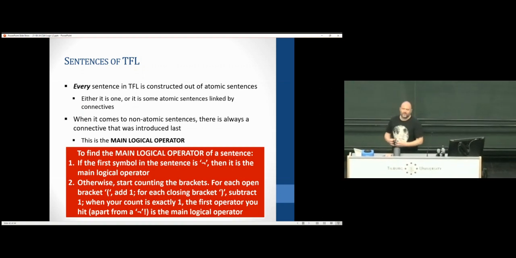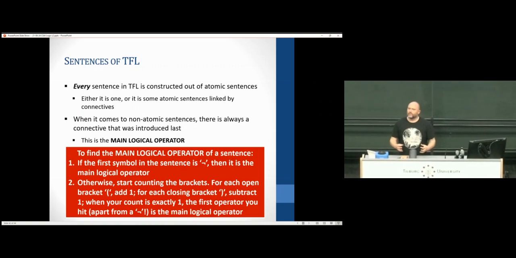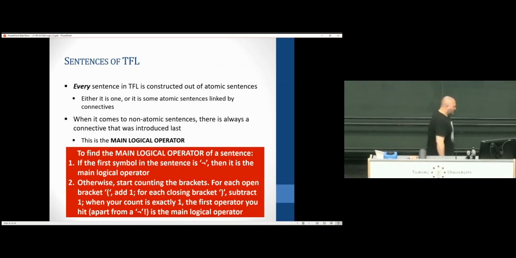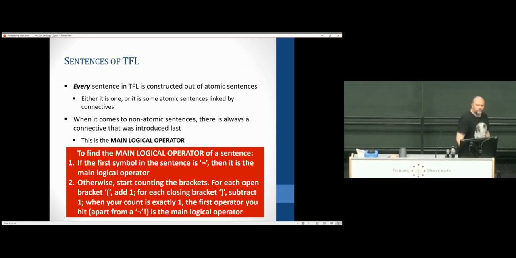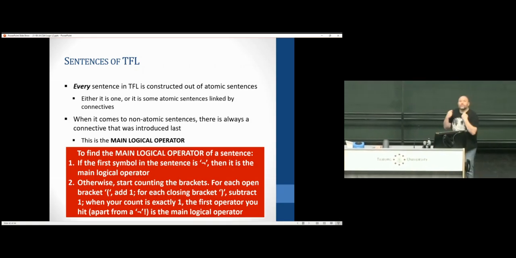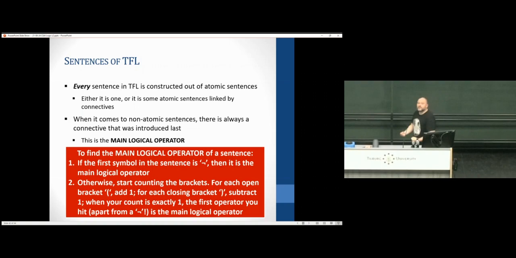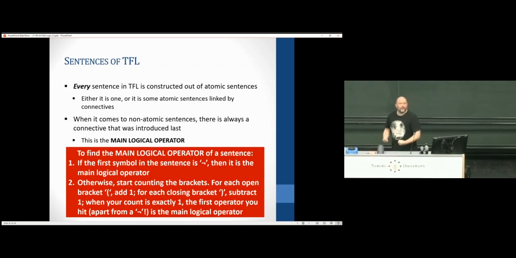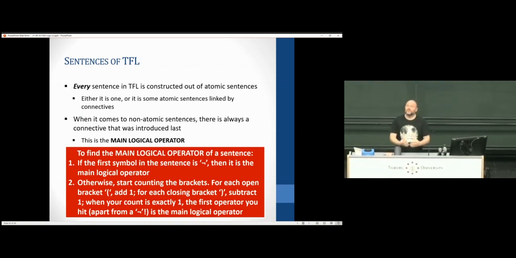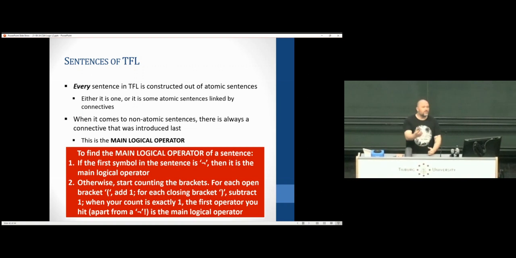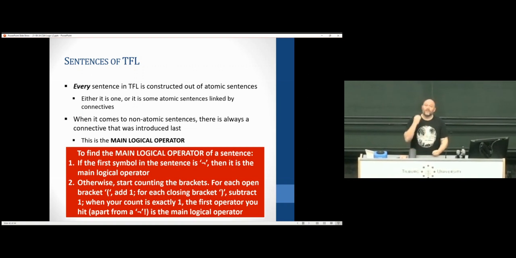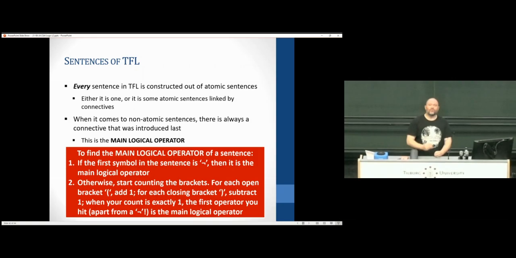We'll call this the main logical operator. Now, there'll be some times when you're tasked with finding the main logical operator, either because that'll be explicitly what the question's asking you to do, this is something in some of the homework, or because it's something we need to do for assessing the truth value of the sentence. How do we do that?